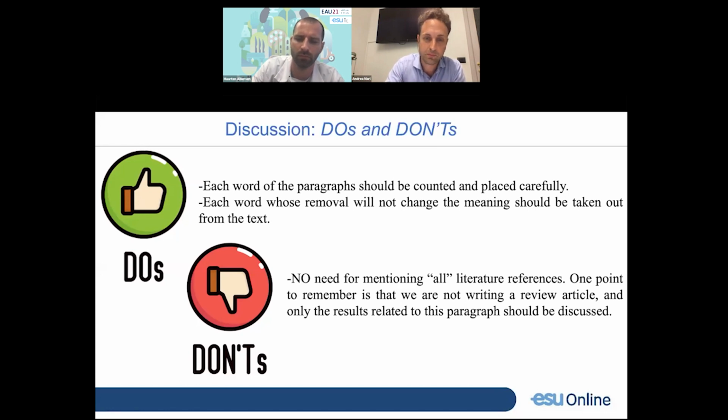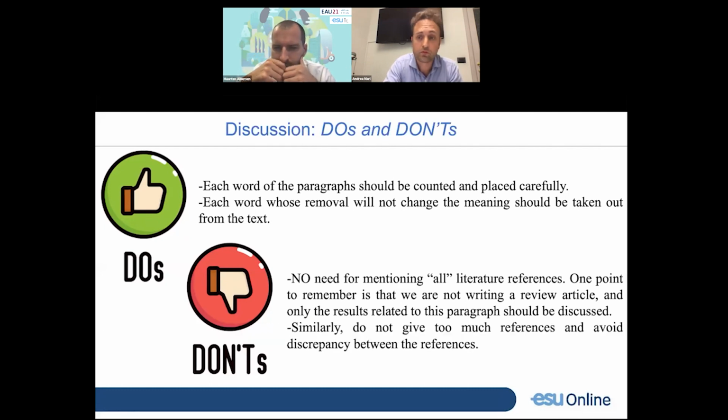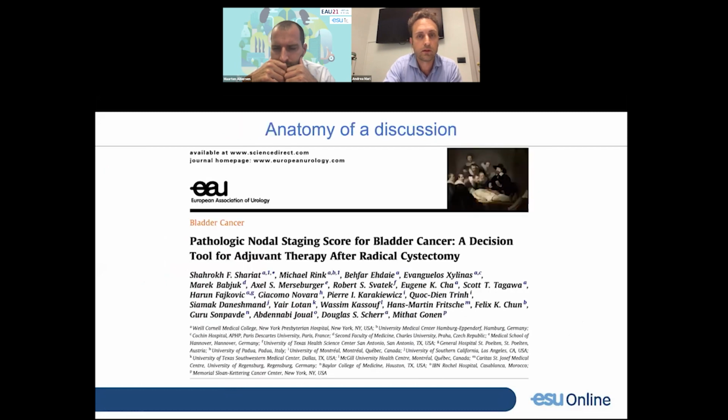This is almost impossible. As you know, most of the journals allow at most 30 references, and the author should try to concentrate on those studies that are most connected to our findings. Another point is try to avoid discrepancy between all the references.